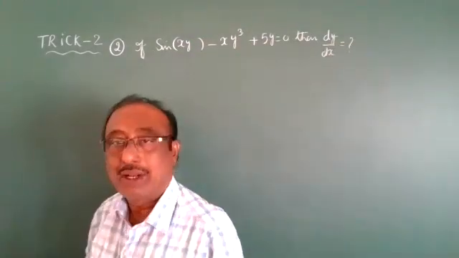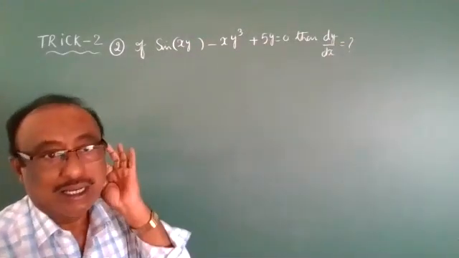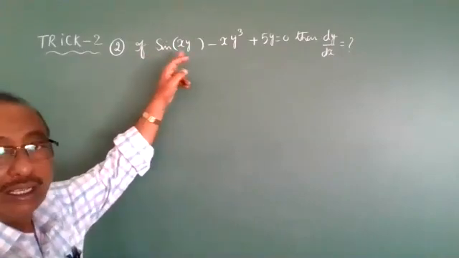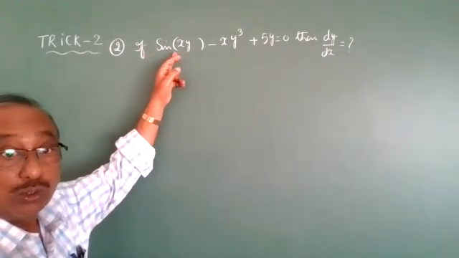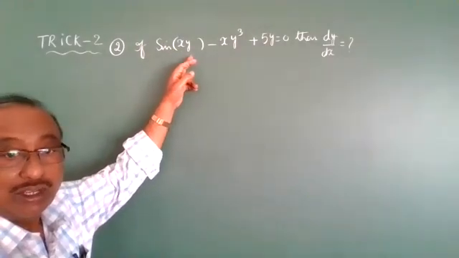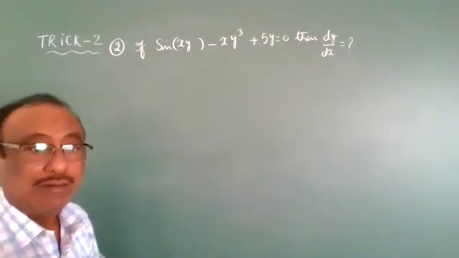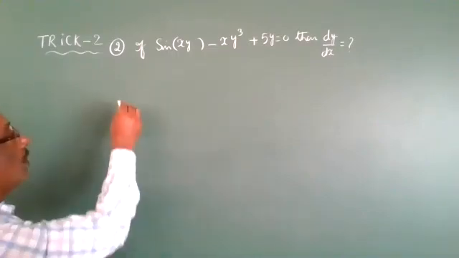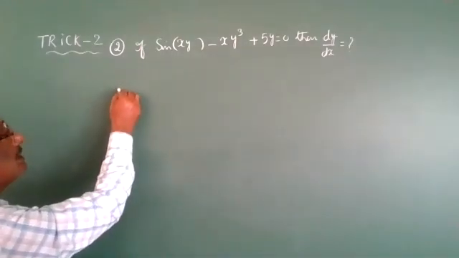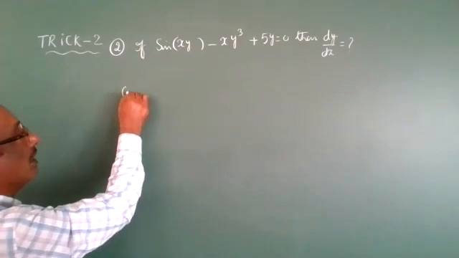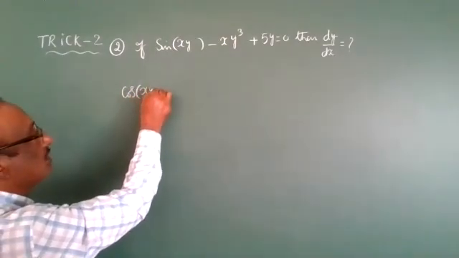Everyone, this is a very long procedure. So sine derivative, inner function, chain rule, u into v derivative. I will do the problem by the ordinary method. You can see sine derivative is cos of xy by the chain rule.